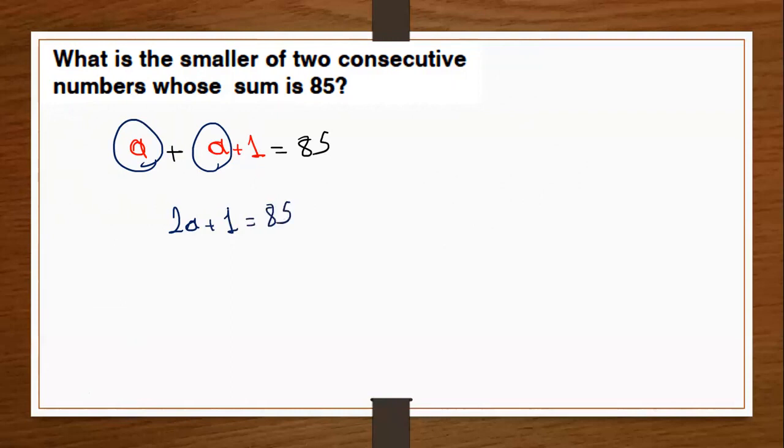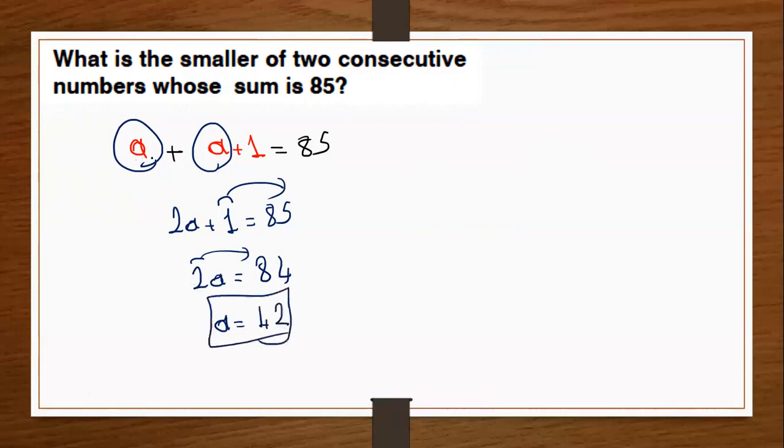And from the linear equation, or in other words, the algebraic equation, we are going to leave the unknown alone. This one goes to the other side as subtraction. 2a is going to be 85 minus 1, which is 84. And this goes to the other side as division. 84 divided by 2 gives you 42.